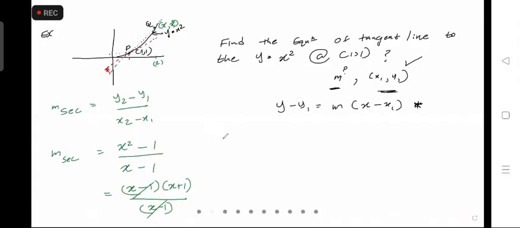Actually, yes. Why? Because we are not bringing the point Q onto P; we only approach P. At P, the value of x is 1.